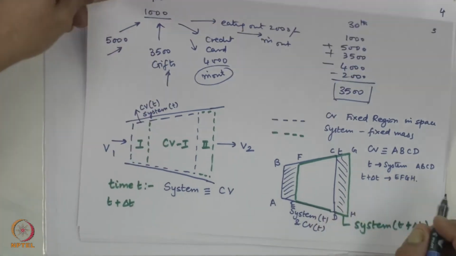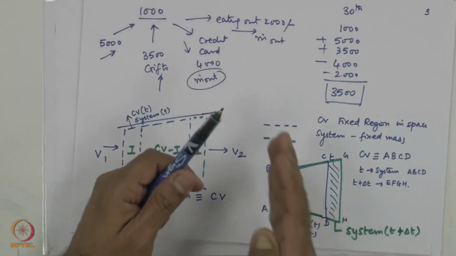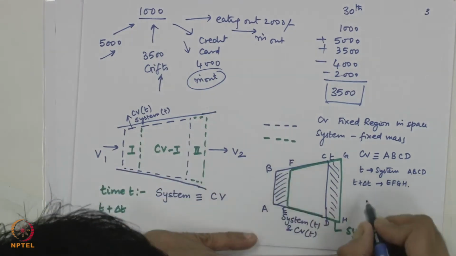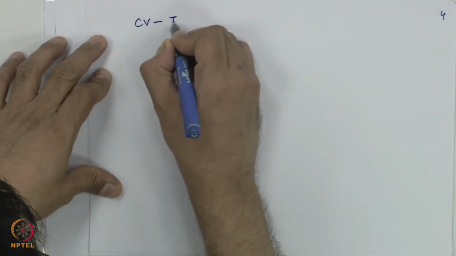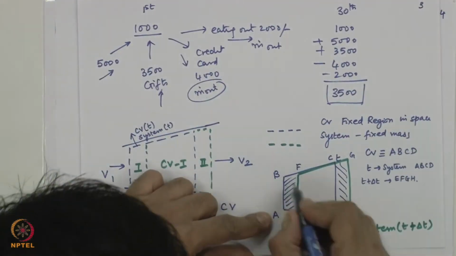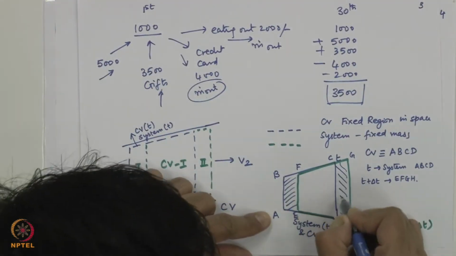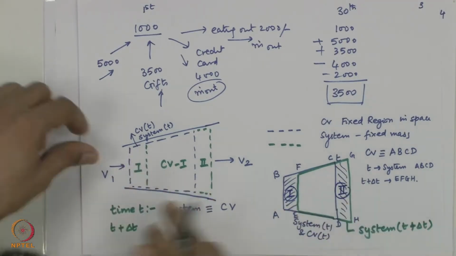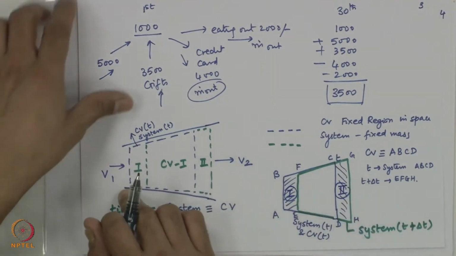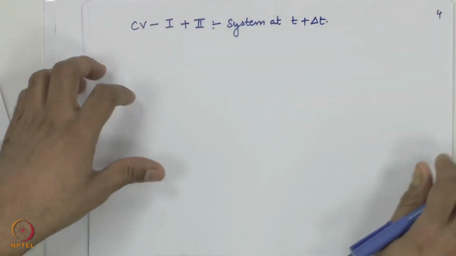So CV minus shaded area 1 plus shaded area 2, which I have shown in this figure, is nothing but the system at time t plus delta t.